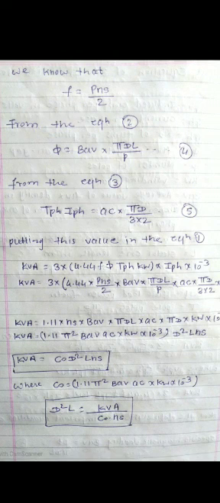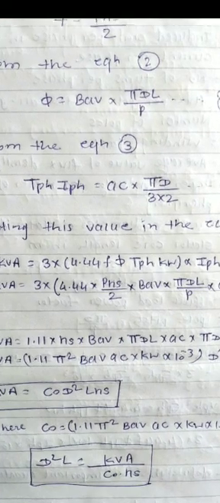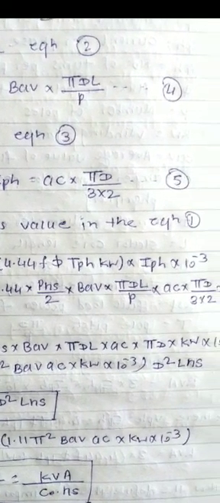Put that value in the equation, then kVA is equal to 3 into (4.44, putting the value of frequency, that is PNS divided by 2.